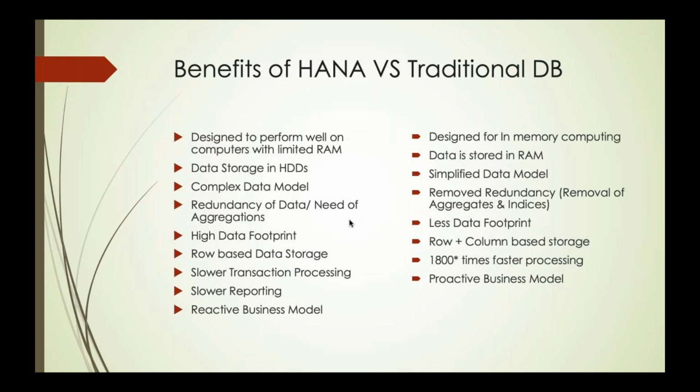And then it's generally a column-based database, but if you want, you can use it as a row plus column database. Does anyone of you know the difference between row-based and column-based, and how it effectively helps between row processing versus column processing?